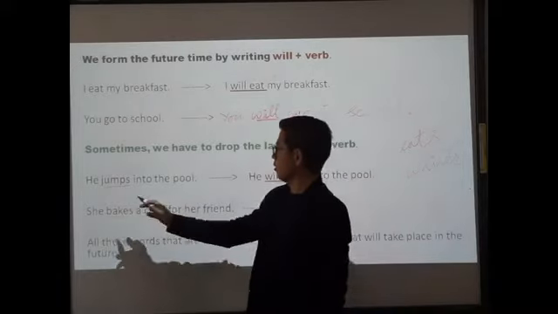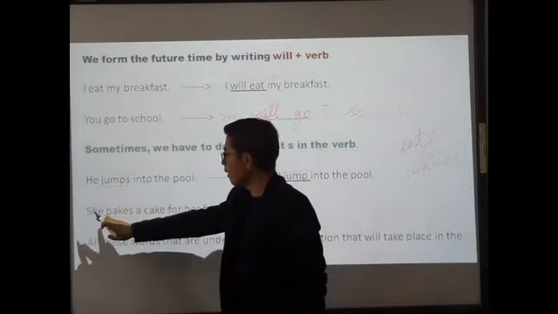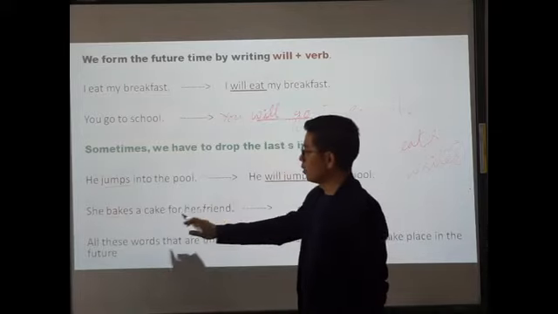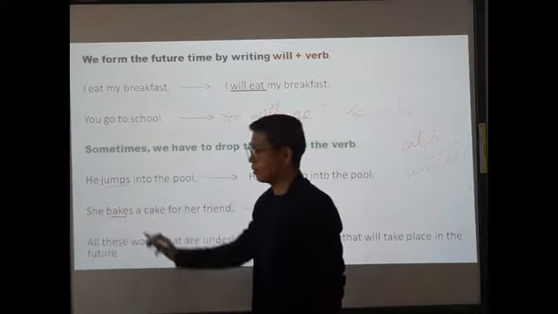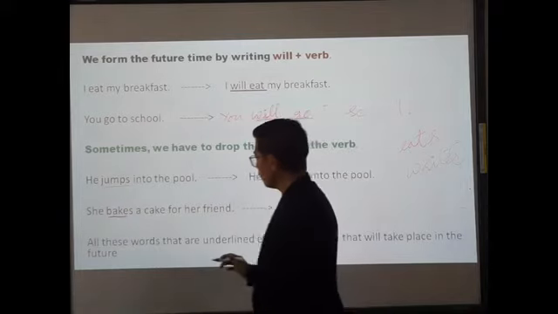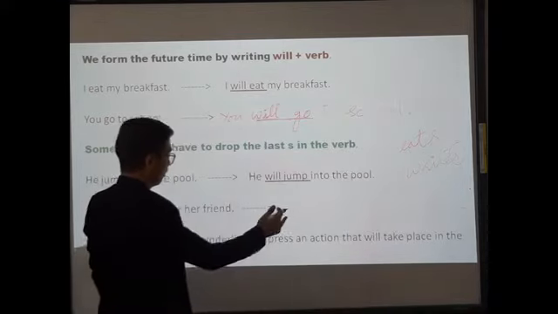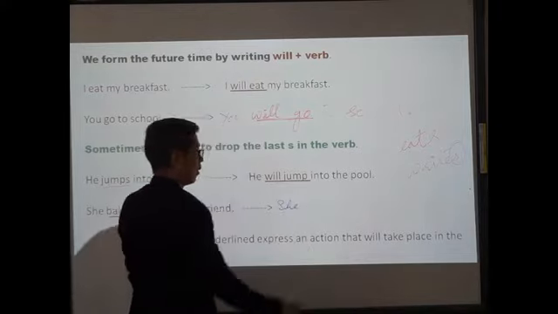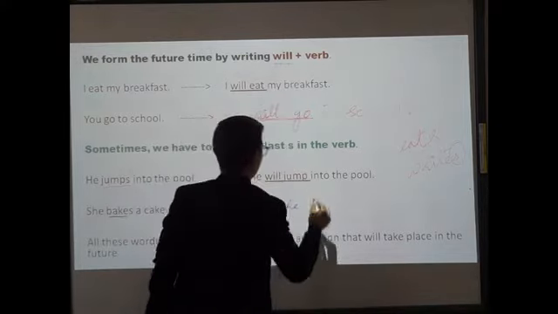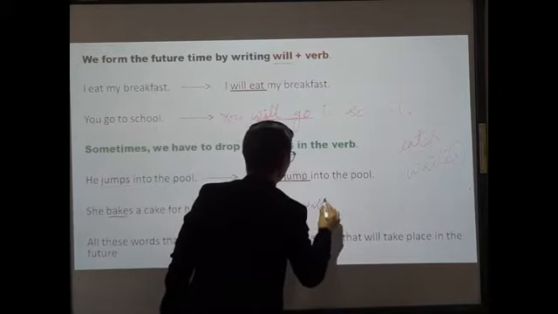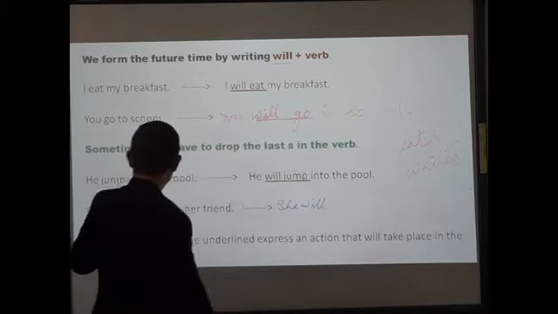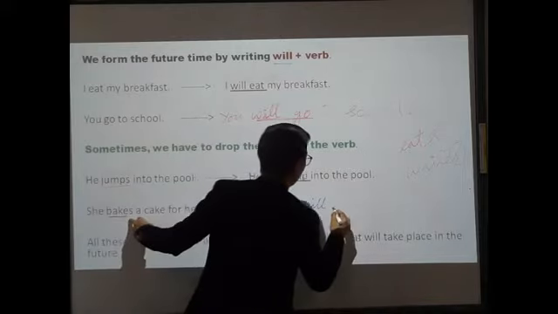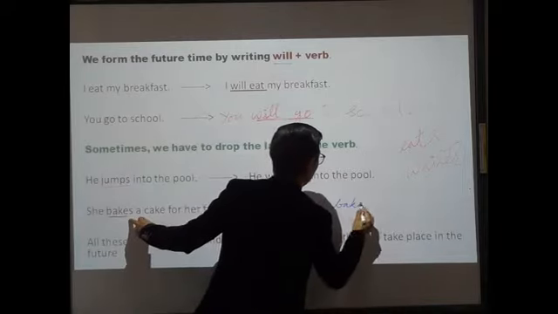Now let's move on to the second. She bakes a cake for her friend. So bakes here is a verb. In order to make this in future, we write she will. We drop the s from the verb, so we write bake.